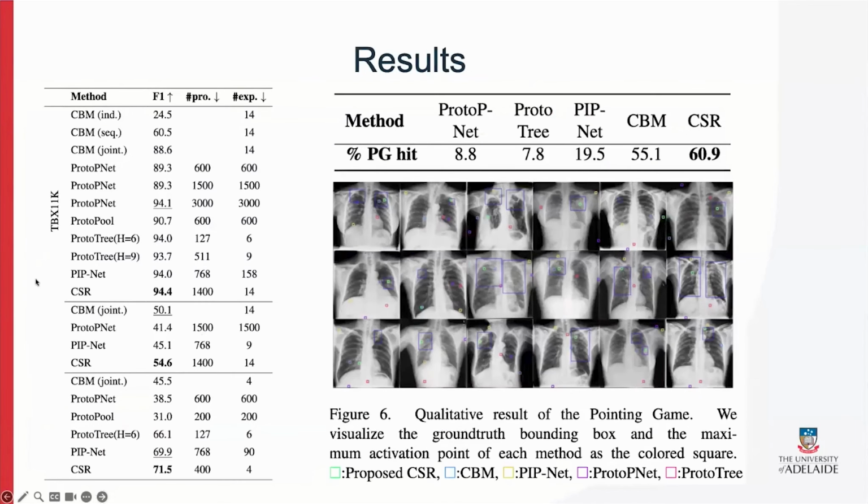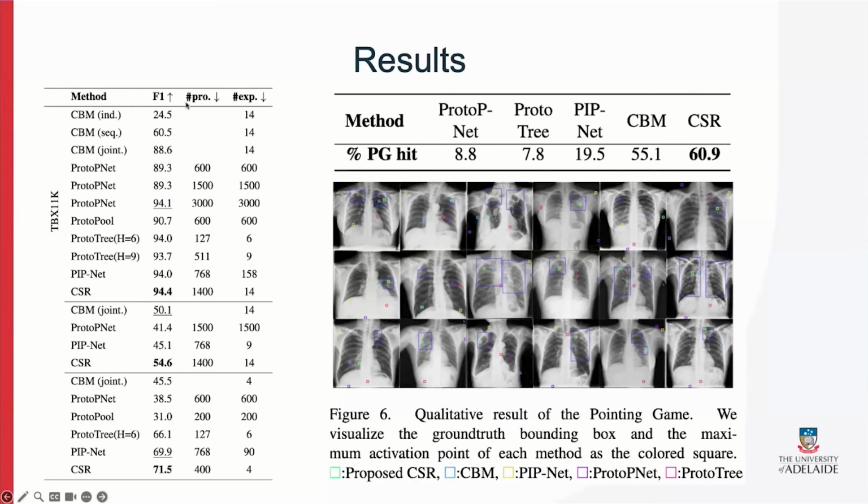Yeah, so we come to the results. Here we benchmark CSR with other explainable methods, including CPM, ProtoPNet, ProtoPool, ProtoTree, and PIPNet on 3 datasets, including TBX11K, not showing here, I'm sorry, and also ISIC, which is a skin dataset.